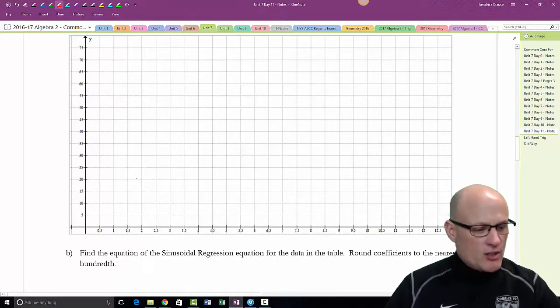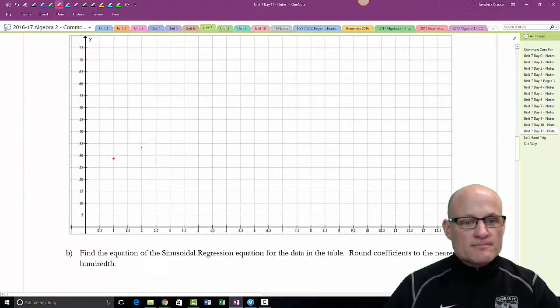And at 1, we are at 29.7. Probably right about there. At 2, we're at 33.4. Somewhere around there. At 3, we're at 39. At 4, we were 48.